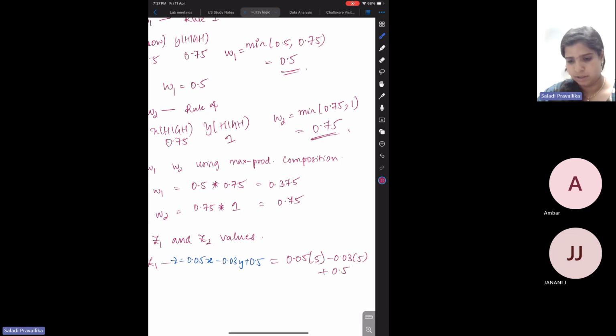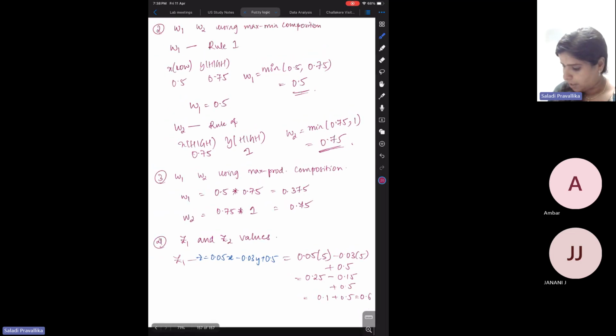Let me calculate it. 0.05 into 5 is 0.25. 0.03 into 5 is 0.15. Plus 0.5. This is equal to 0.6.